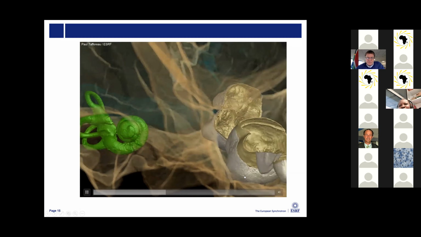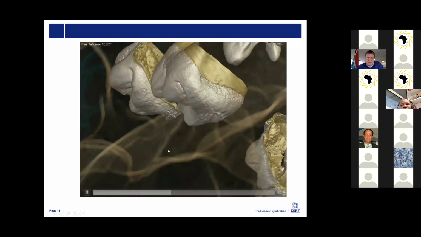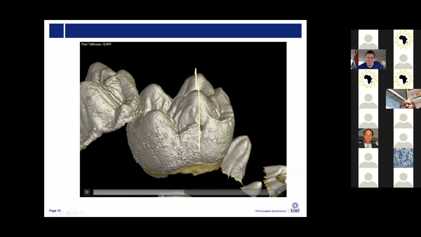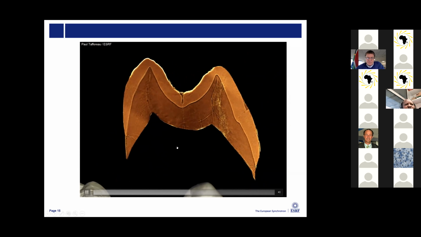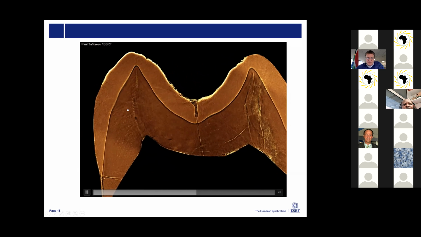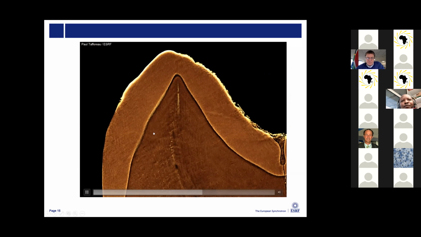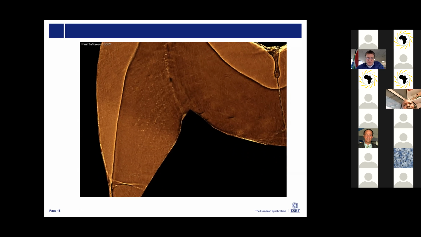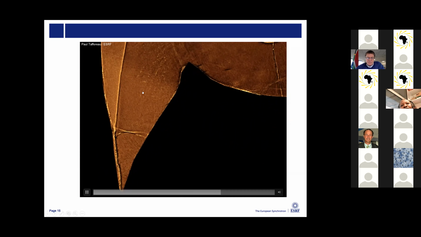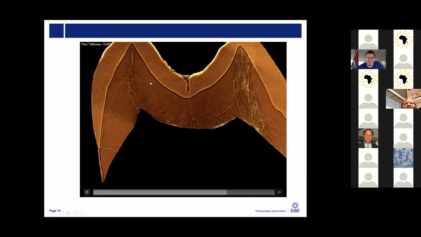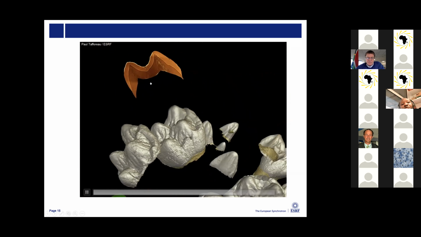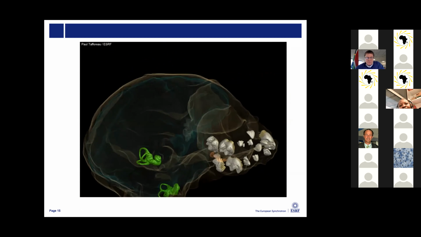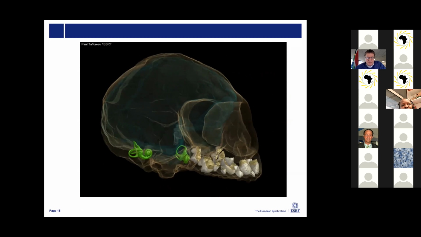You have the inner ear preserved, and if one looks at the inner ear, one could determine the posture. And when you look at the teeth, again looking at the research done by Tafforeau, at high resolution you can see the incremental layers, which allow you to determine the age at death of this particular specimen.